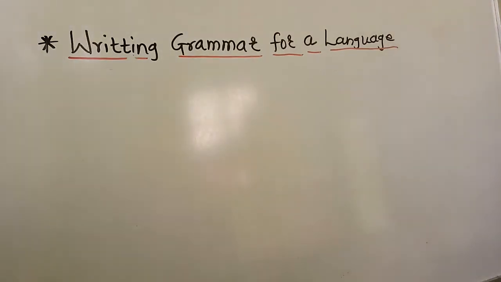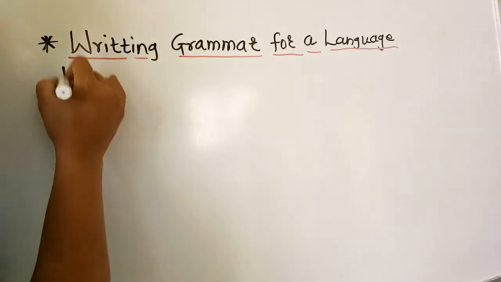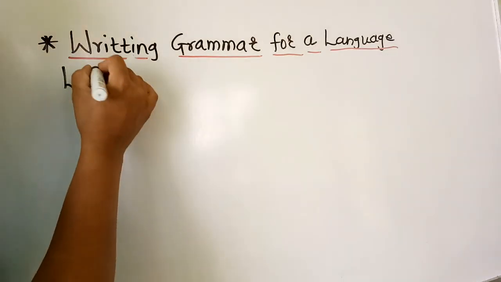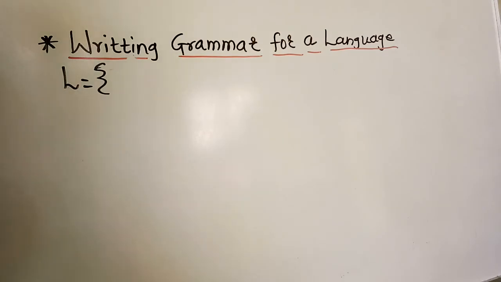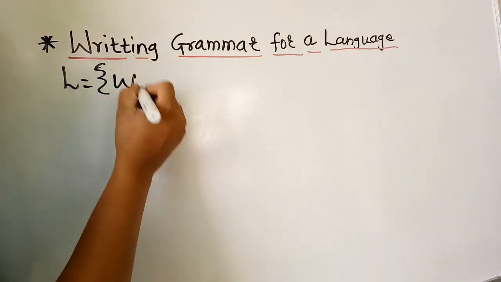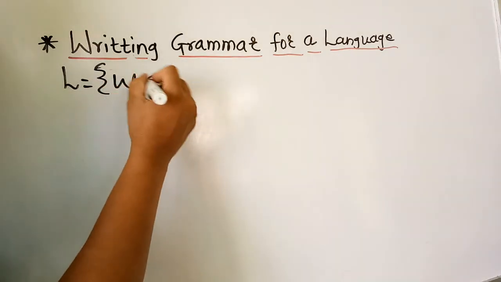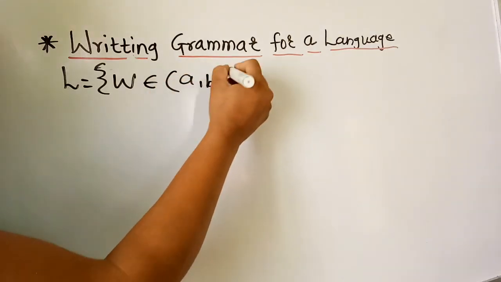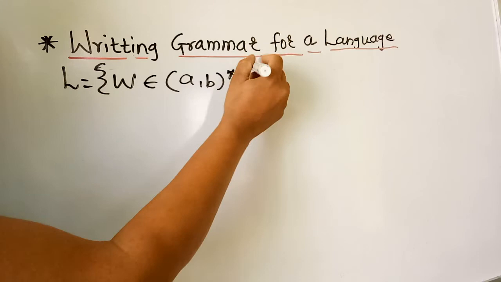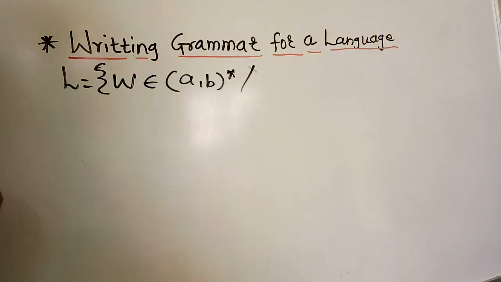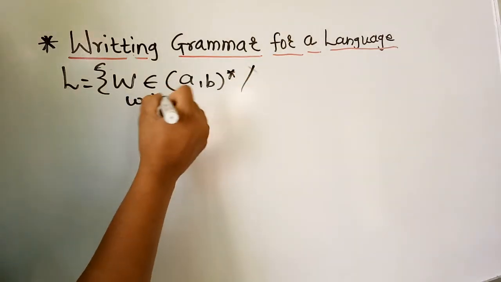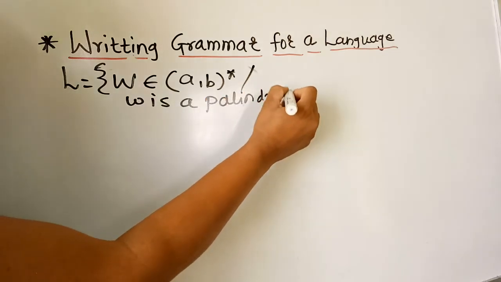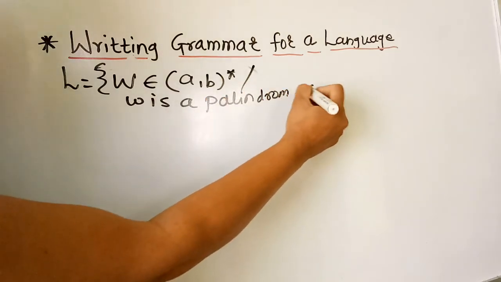We will take another example to solve a grammar for, and that is this language having the word w, which is a part of {a, b} star, such that w is a palindrome of odd length.